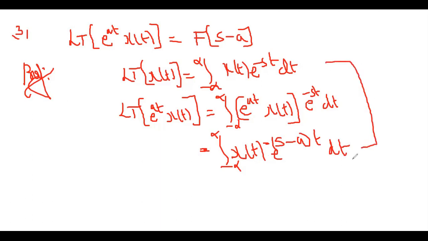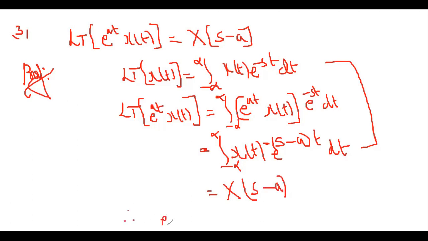Compare these two. It is equal to X of s, but here instead of s it is s minus a. I wrote x here, not f, because I take the signal as x of t. So it becomes X of s minus a.